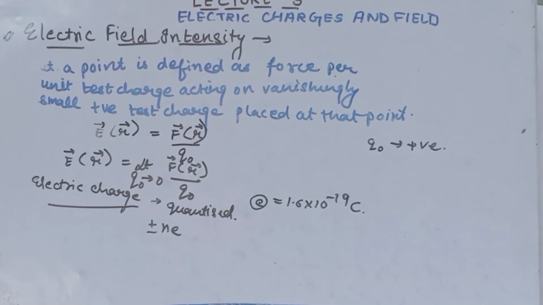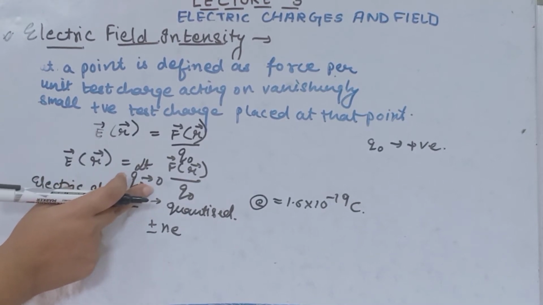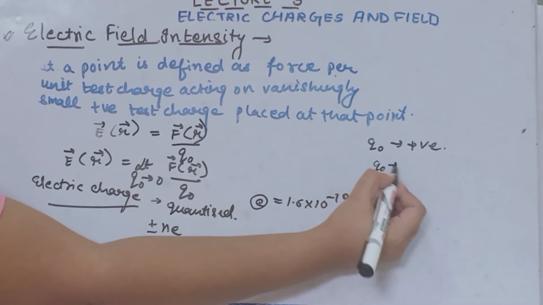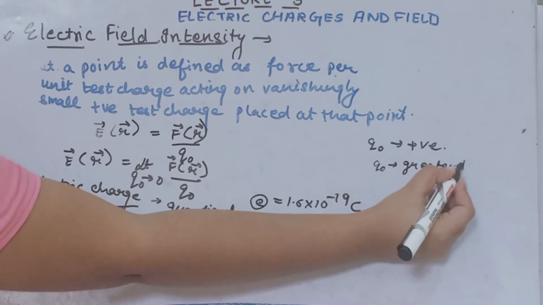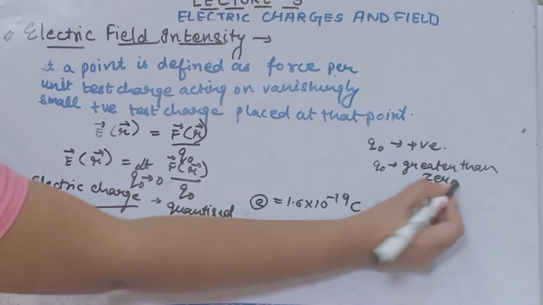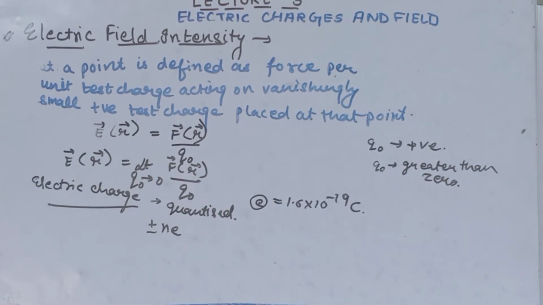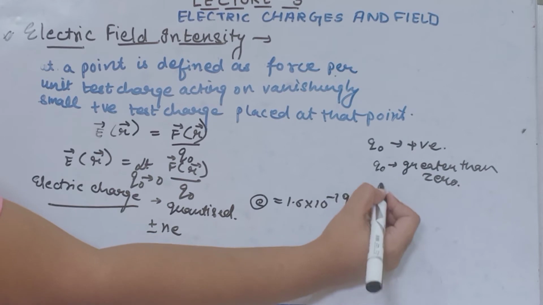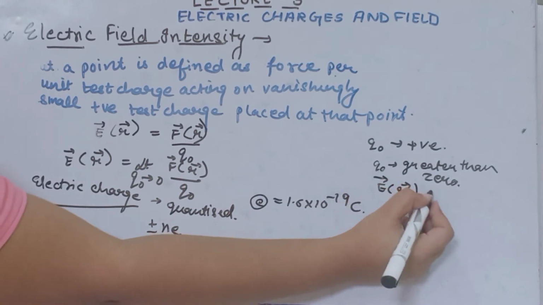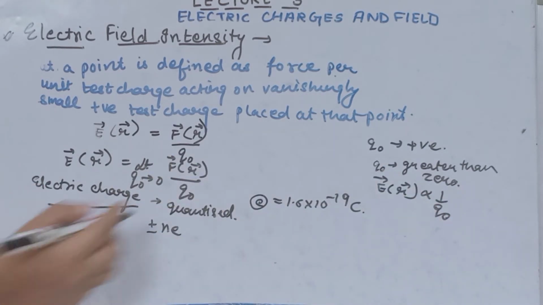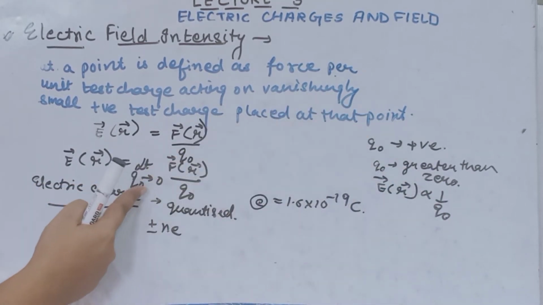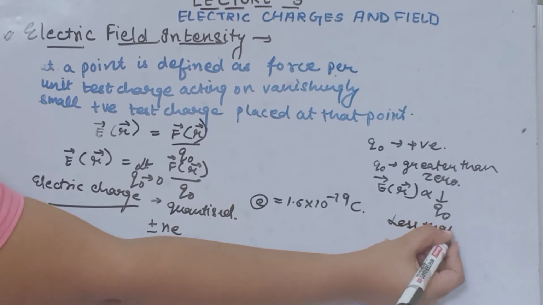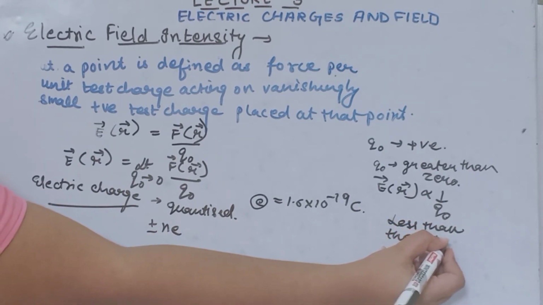Fine. But here we are taking the limit of Q naught approaching 0. That means our Q naught is somewhat greater than 0, but we are taking it as approaching 0. Since electric field is inversely proportional to Q naught, and this Q naught is greater than 0 but we are taking it as 0, the measured value of electric field is less than the actual value.